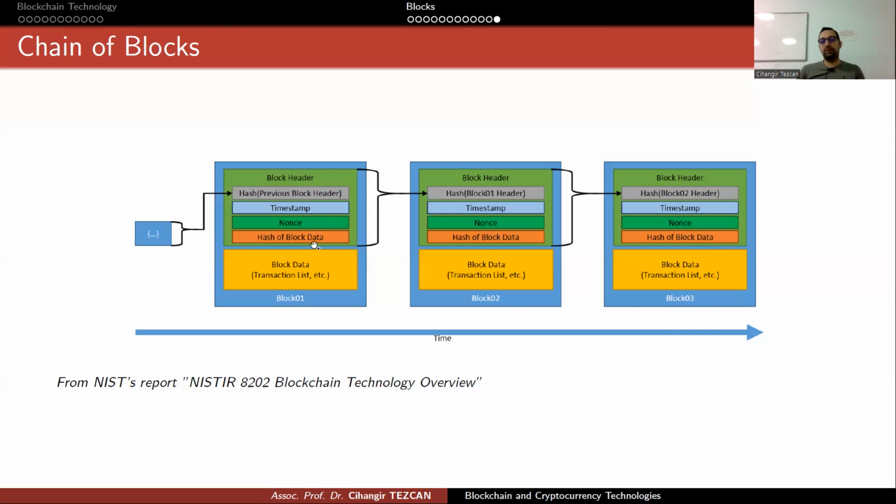But in order to do that, create a parallel universe and solve the mining puzzle faster than this one, it means that you have at least 51% of the mining power, and this way you can actually perform the attack. So Bitcoin has never received such an attack, but many cryptocurrencies have seen this kind of attack in the past. Okay. So this concludes our discussion of blocks.